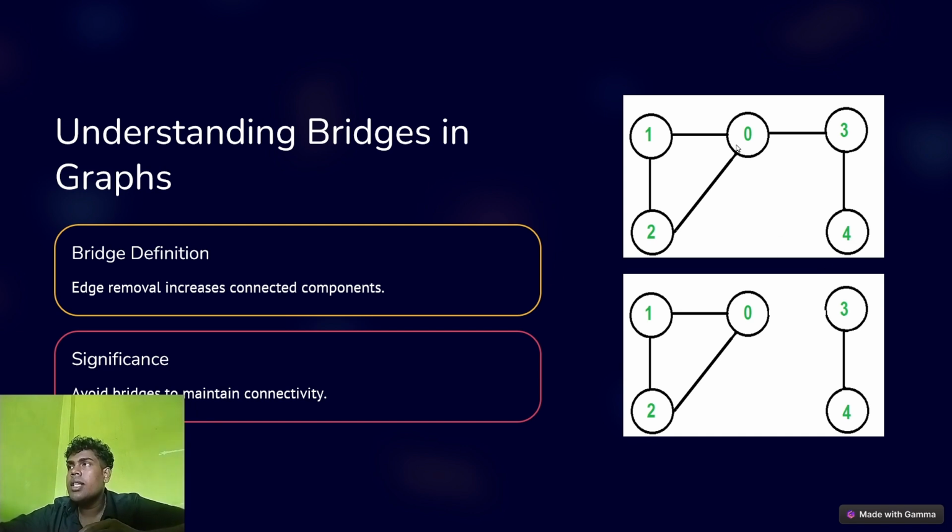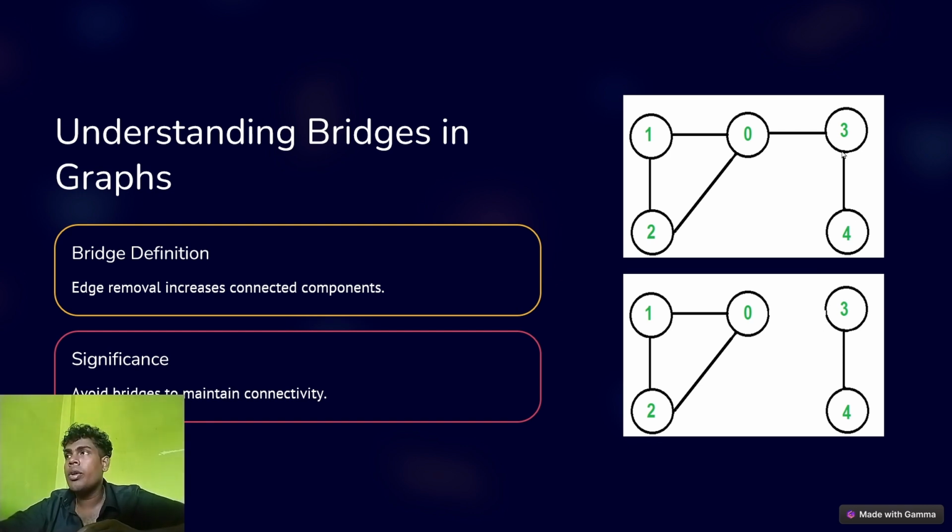But see this 0-3 edge. This 0-3 edge we can't remove. Please see the second graph. If we remove this 0-3 edge, it is going to disconnect the graph into 2 parts. You can see there are 2 parts. And also I made a mistake.